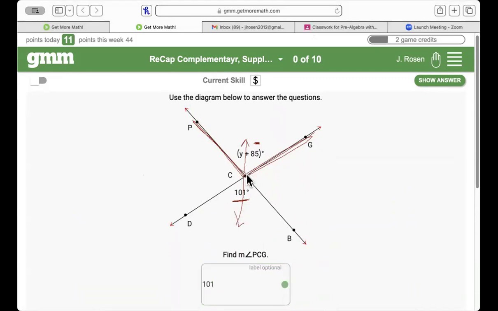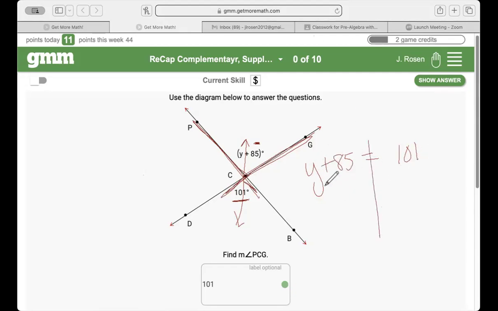Now it wants us to find the measure of y, or what y would equal. So we need to know how to set up that equation. I literally just said that y plus 85 is equal to this vertical angle down here, which is 101. So we just set them equal to each other, and then we solve the one-step equation.